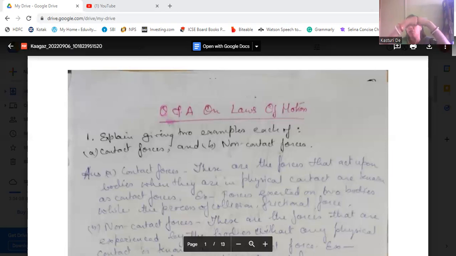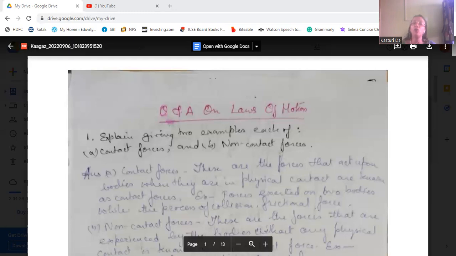If you keep these two in contact, the forces which they act upon one another are called contact forces. For example, forces exerted on two bodies in the process of collision, or frictional forces. That is a contact force.